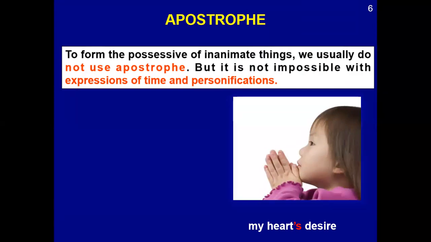It's not a human being, and desire is a human attribute, a human's character. But here we are talking about the heart, so that's why we are using apostrophe S, and it is an example of personification.